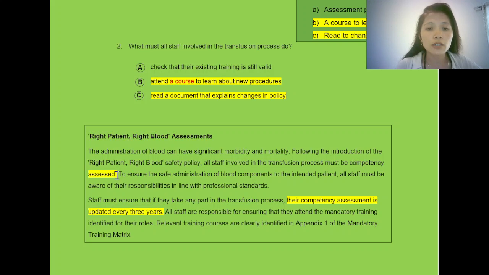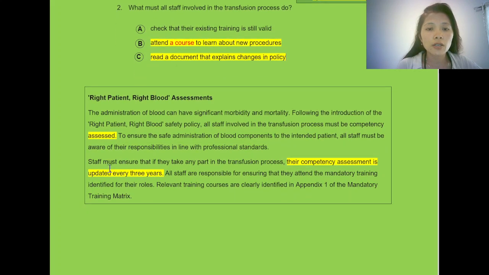Or else, if you are not getting this answer, check and assess. They have clearly mentioned again: staff must ensure that if they take part in the transfusion process, their competency assessment is updated every 3 years. Existing training valid. Valid is again some kind of period. So this is the right answer.